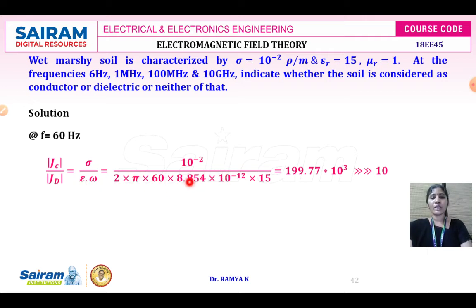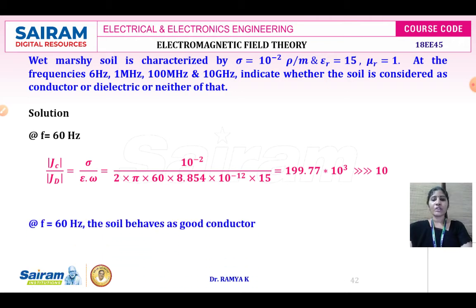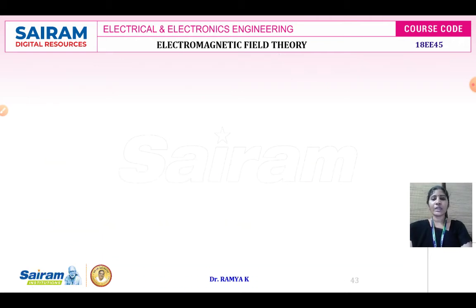Epsilon naught is 8.854 into 10 to the power of minus 12, multiplied by epsilon r. Once the answer is obtained, it is greater than 10, which says that at f is equal to 60 Hz, the wet marshy soil behaves like a good conducting medium. Therefore, at f is equal to 60 Hz, the soil behaves as a good conductor.